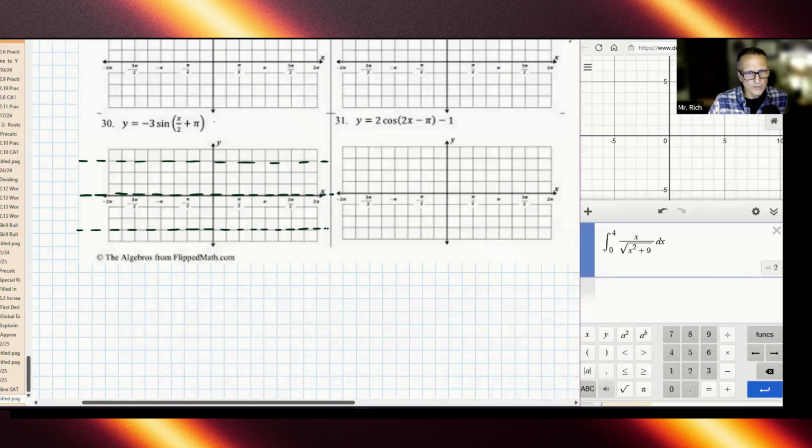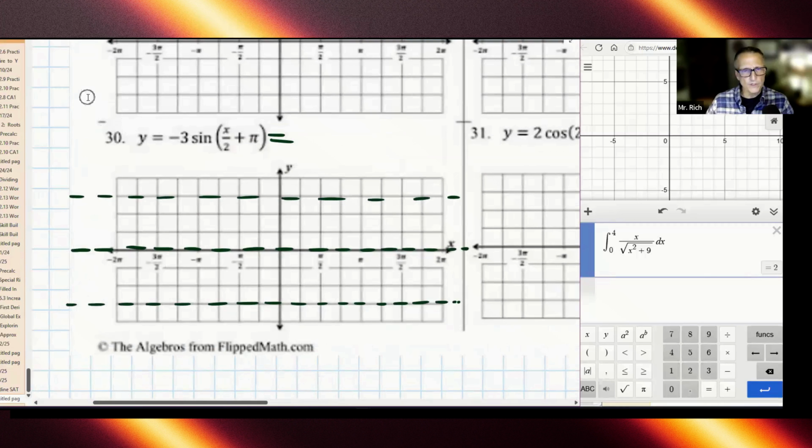Now, one thing that we want to do when we're trying to determine the phase shift here is we need to factor out that coefficient of the x right inside the parentheses. So I'm going to rewrite this function. I'm going to factor out a 1/2, right? Because that's x over 2 is 1/2 times x. So I need to pull that out, which would make this x minus pi over 2, or I would say 2 pi.